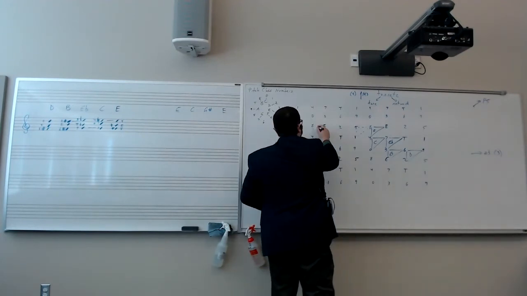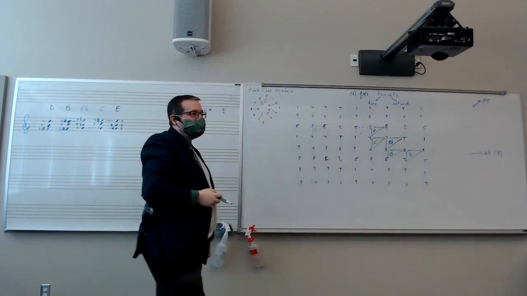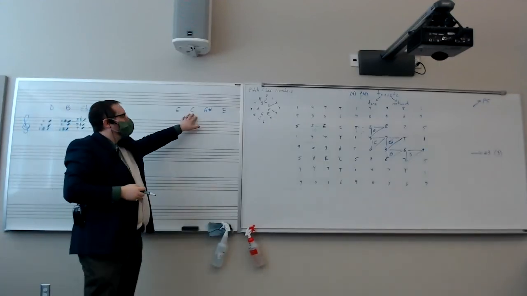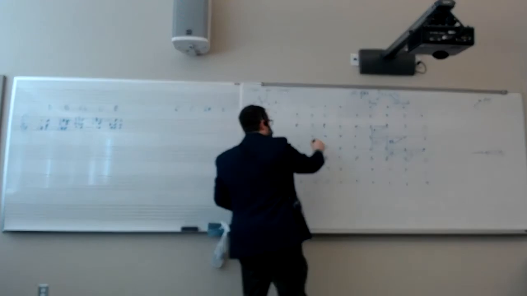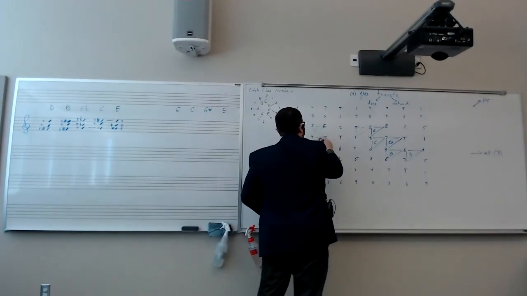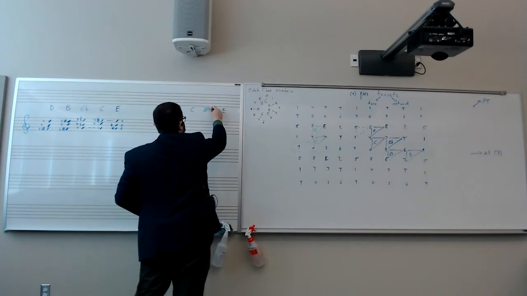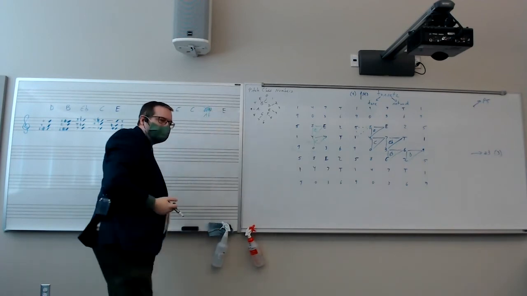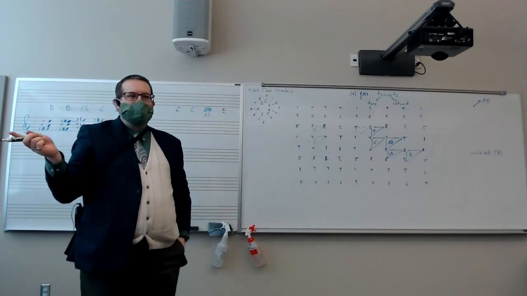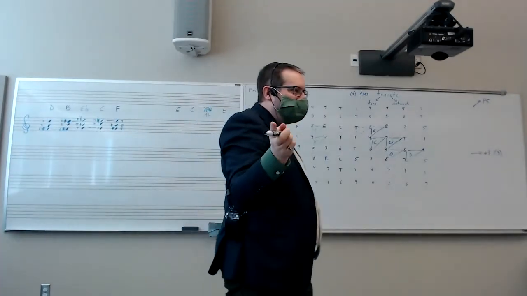I'll grab this one right here. 4, 11, and 8. C: 0, 4, 7. A flat, because he didn't modulate to G sharp, he modulated to A flat. 8, yeah. C is 0.